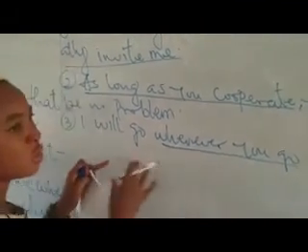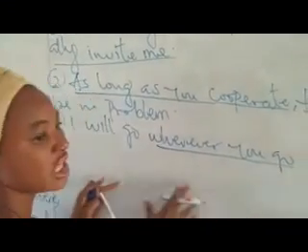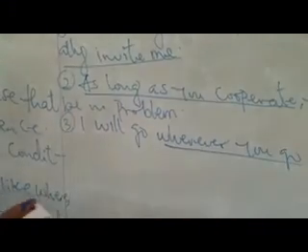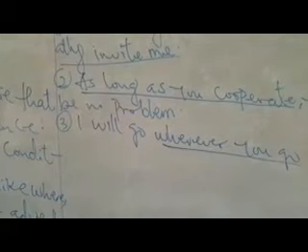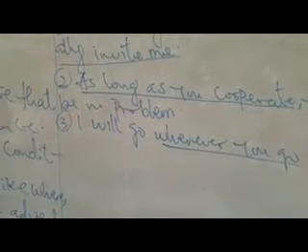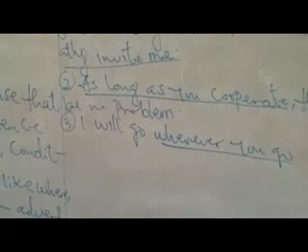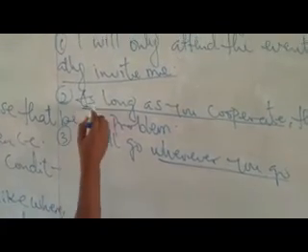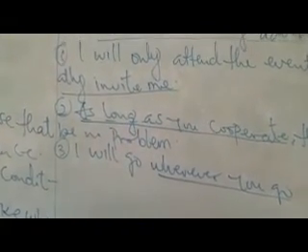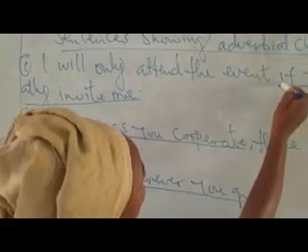Do you get what I'm saying? You must pair it with another clause to give it its full meaning. Now lastly, an adverb clause begins with a subordinating conjunction. Is that clear? Like what? As long as. Okay, I will go if only. Now this one is a conditional sentence.